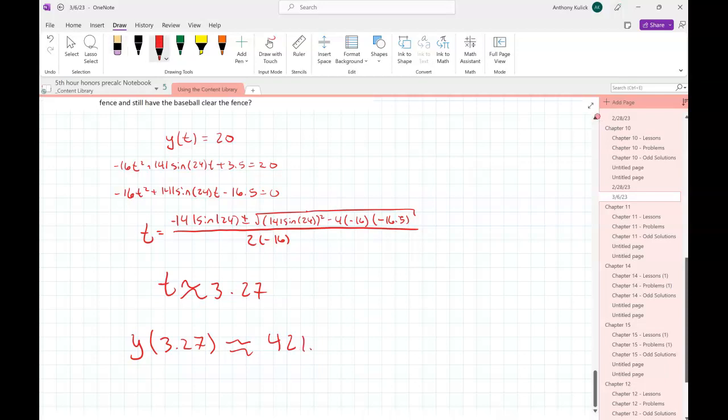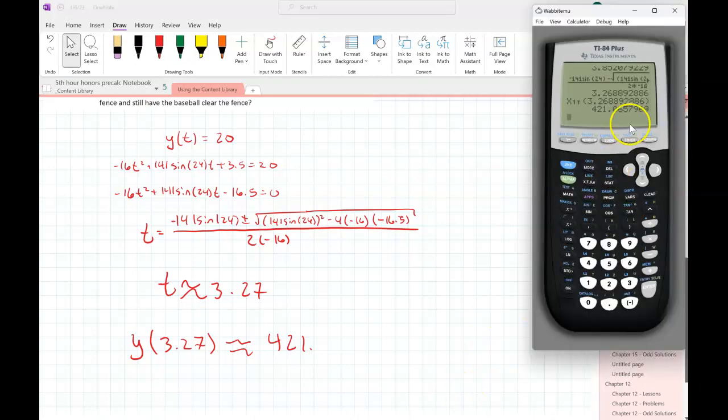Ooh. Here's a question. Should we be rounding? We got to be careful here on rounding this, right? Which way should I be rounding? You have to round down, right?